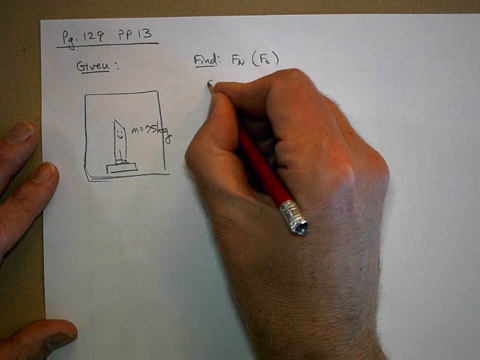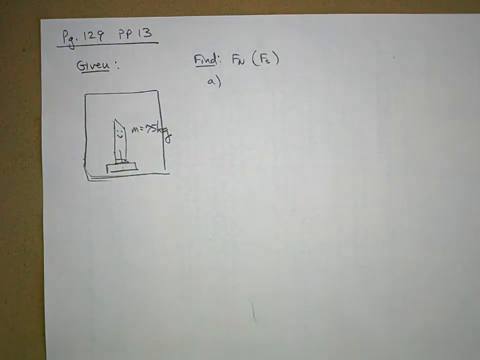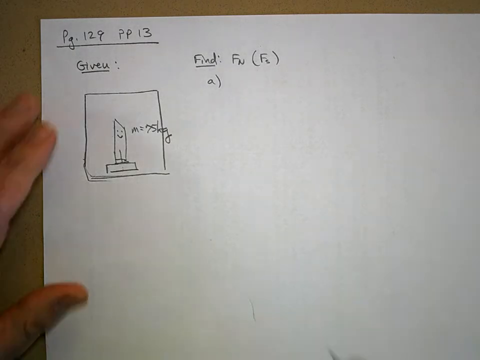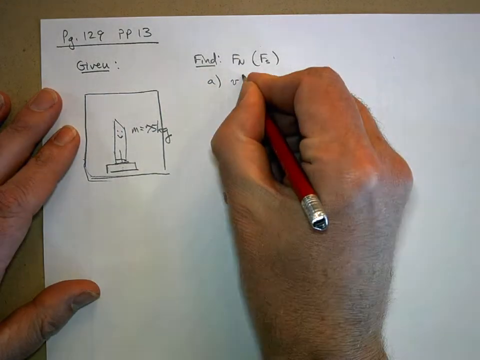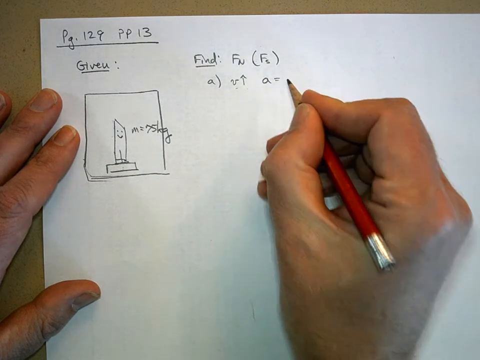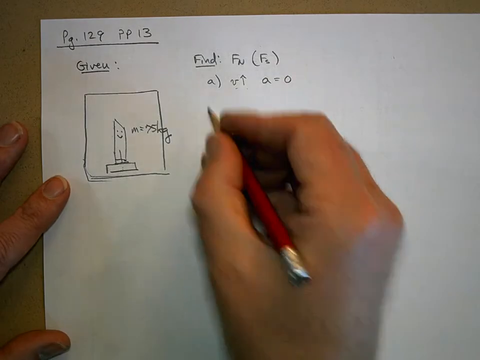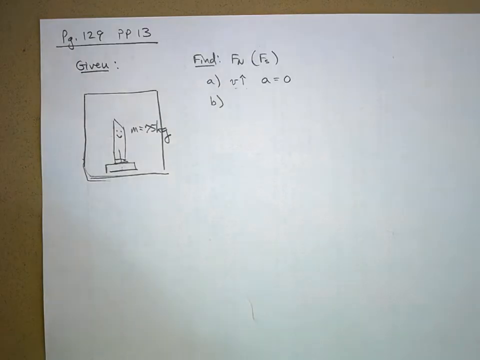Now, for part A, it says the elevator moves up at a constant speed. So the velocity is up, but if the velocity is constant, what's true about the acceleration? It's 0. And then for part B, it slows at 2 meters per second squared while moving upward.